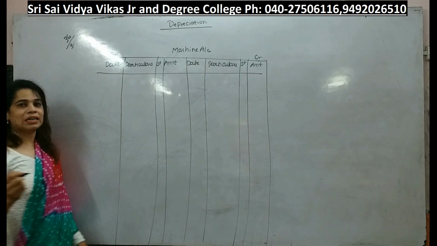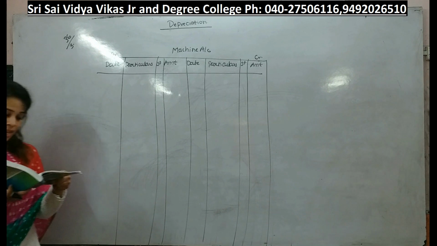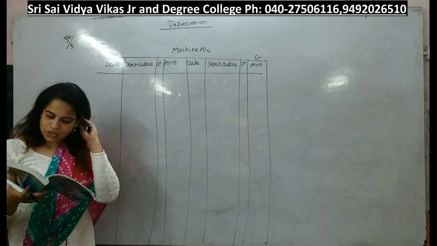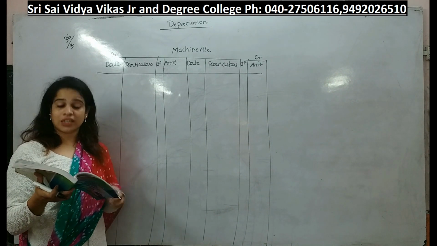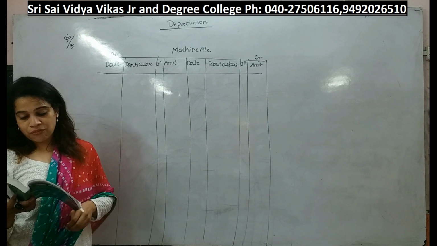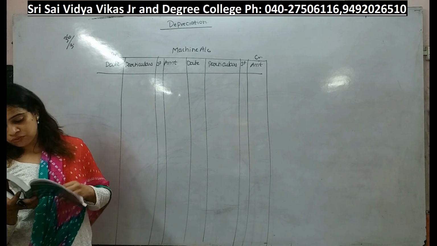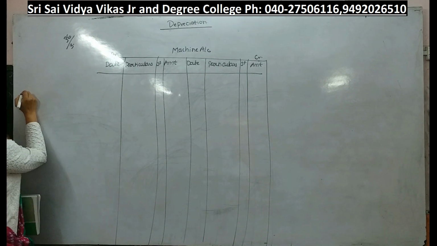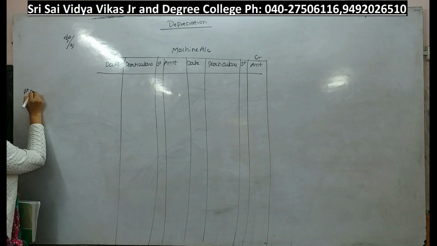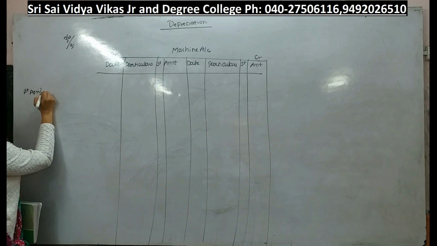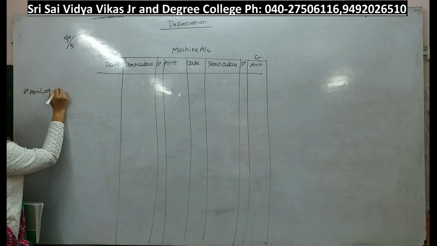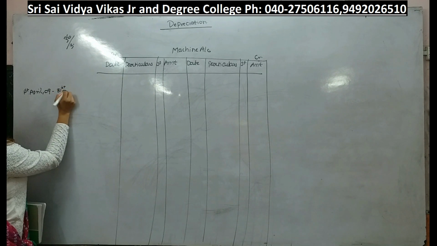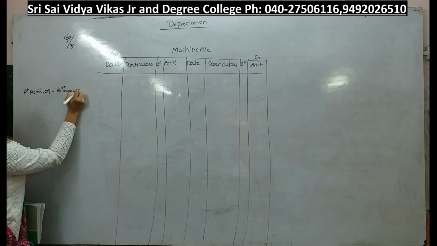Okay, students, now understand, let's go back to our question. Kiran and Son purchased a machine for rupees 42,000 and paid for its erection on 1st April 2009. See, our year is starting on 1st April 2009, so it will end on 31st March 2010.